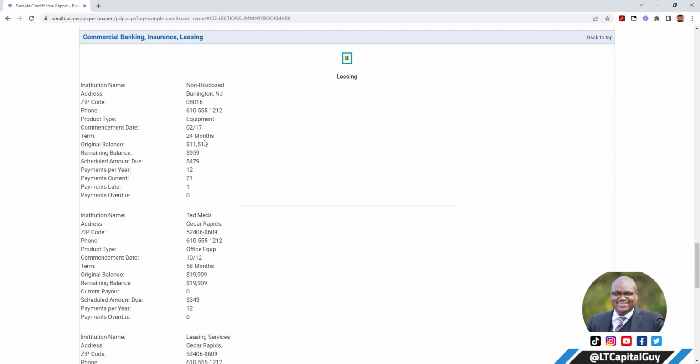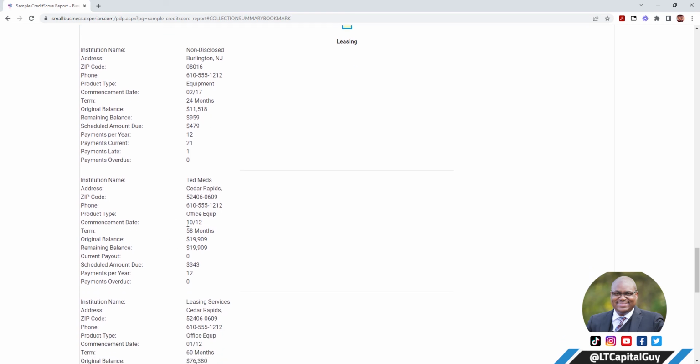If you can match some of these payment experiences up to what you've purchased recently, then you would be able to track what is reporting to what, and you'll have a better understanding of what's reporting, how long it takes to report, and things of that sort.